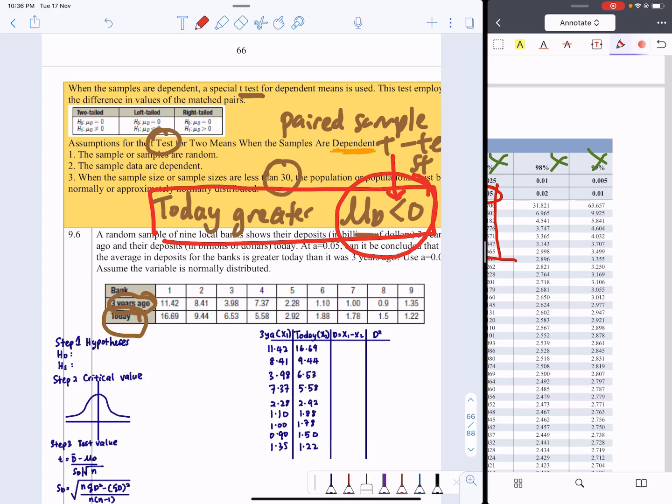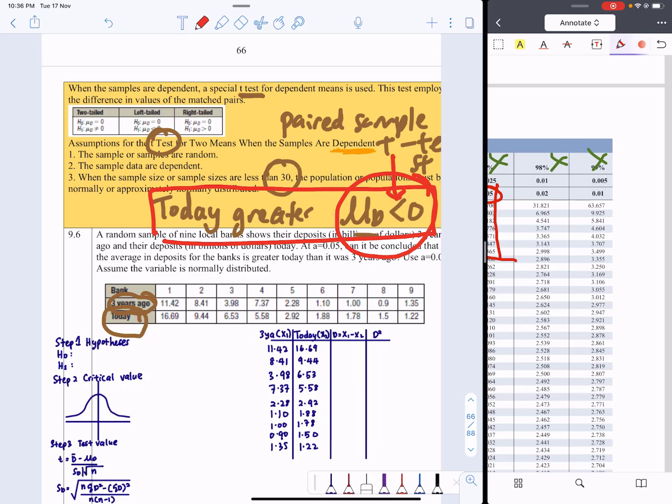Okay, they have a reason behind this, but I will not explain the reason, because if I explain the reason, then I need to explain the formula itself, why the formula is like that, so that we can have our claim like that. It will be a long lecture lah. The easiest way is just remember this.